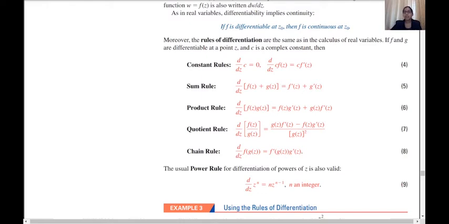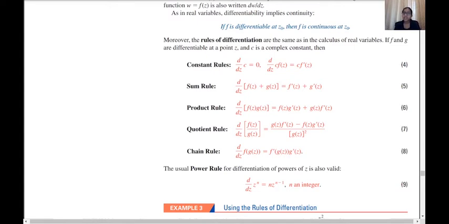That is, the derivative of a constant is 0, then d by dz of c into f of z is equal to c into f dash of z, d by dz of f of z plus g of z is equal to f dash of z plus g dash of z. Then the product rule, d by dz of f of z into g of z is equal to f of z into g dash of z plus g of z into f dash of z.